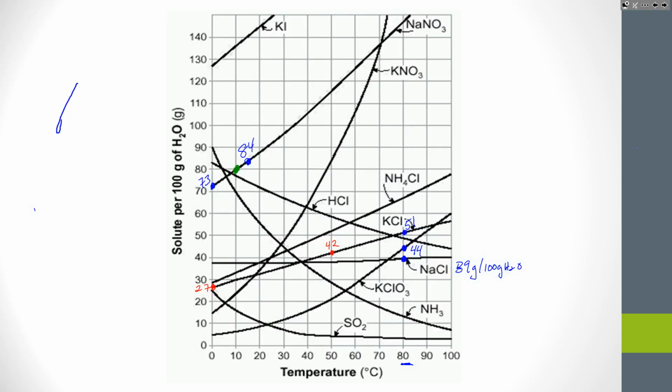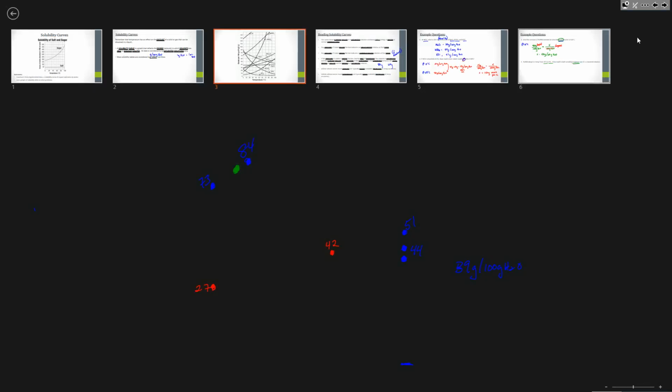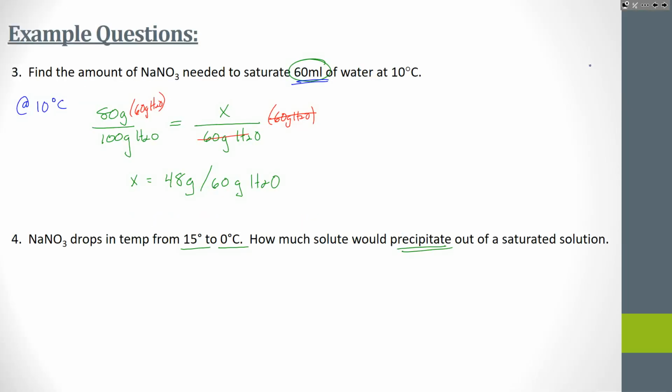Okay, so now we're going to go back to our question. So we said at 15 degrees Celsius, it was 84 grams per 100 grams of H2O. And at 0 degrees Celsius, it was 73 grams per 100 grams of H2O.